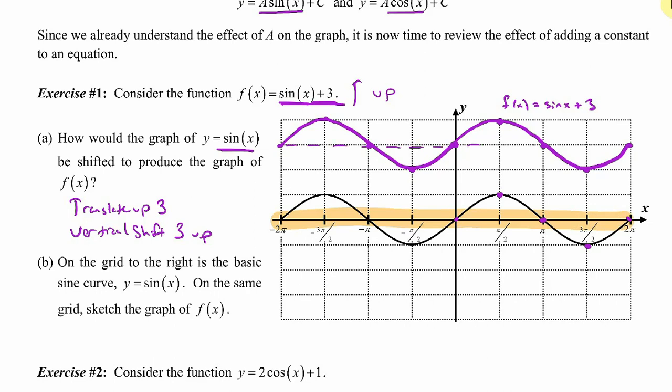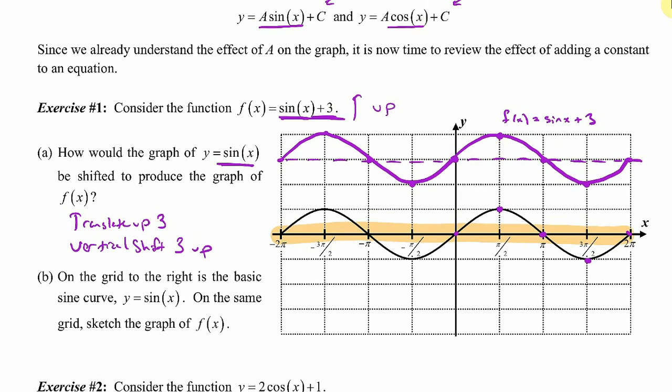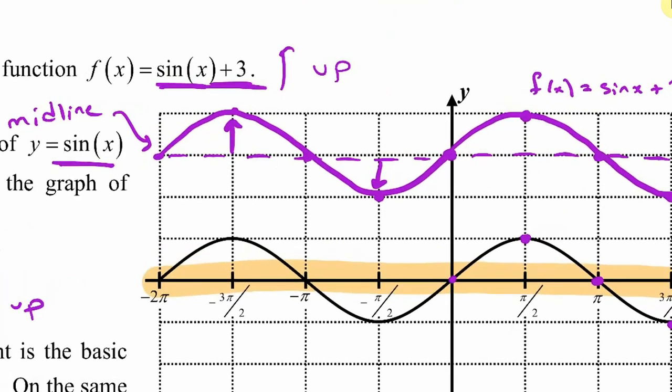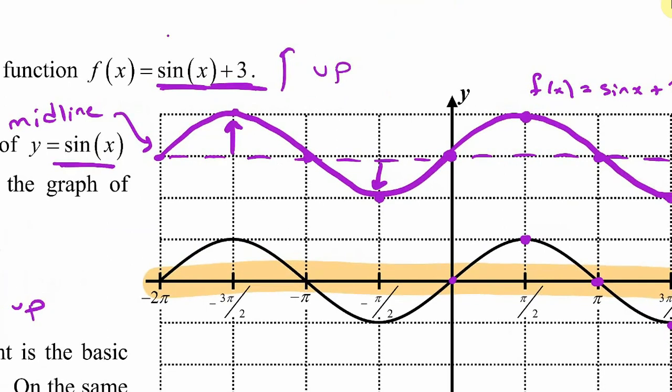So this dotted line I'm putting in represents the midline. That's our midline. It separates the top half of the graph from the bottom half of the graph. Notice also that the amplitude here is 1. We do have a 1 in front of the sine function.